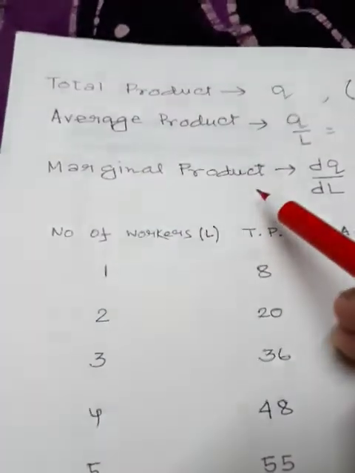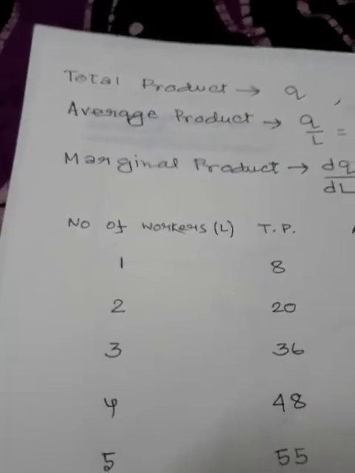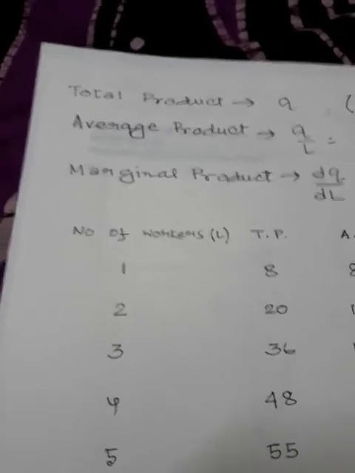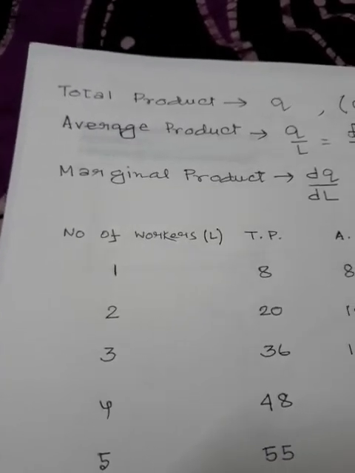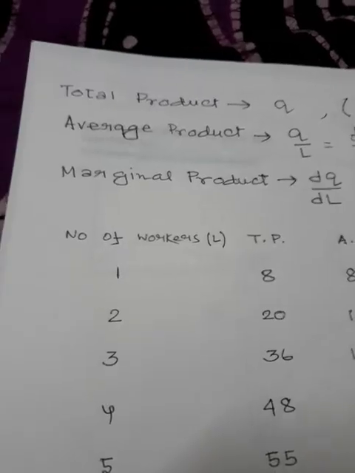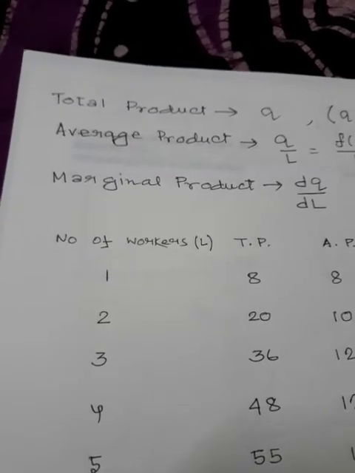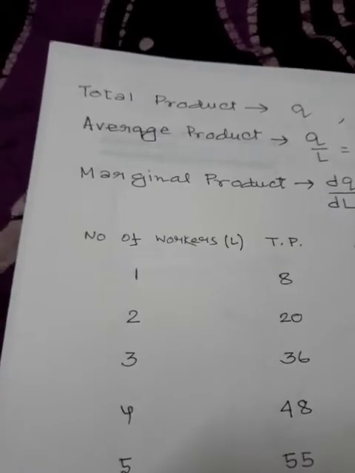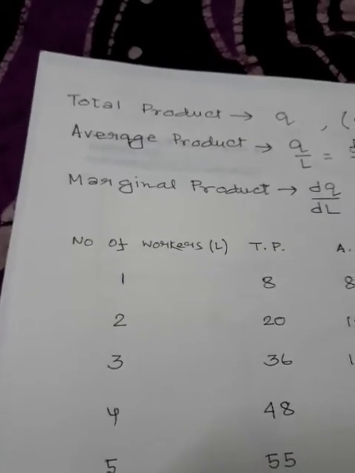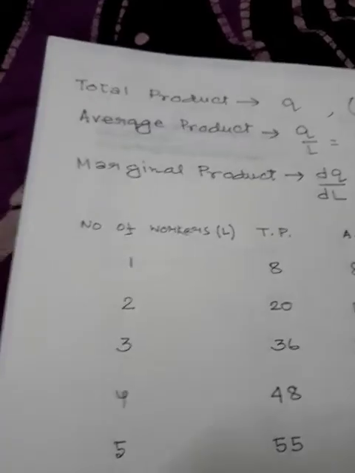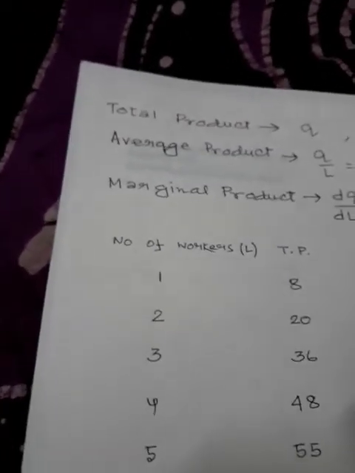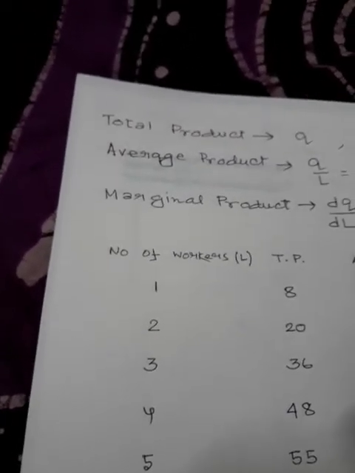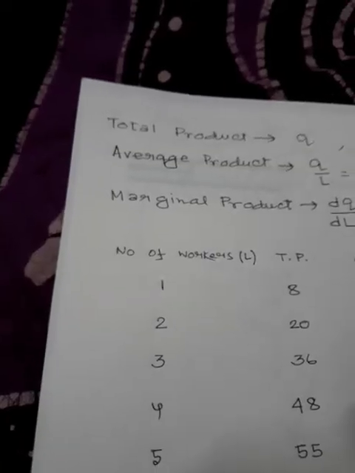Then the marginal product. What do we mean by marginal product? Marginal product means, for an increase in labor, the change in total output. Suppose there are 10 laborers and output is 100.